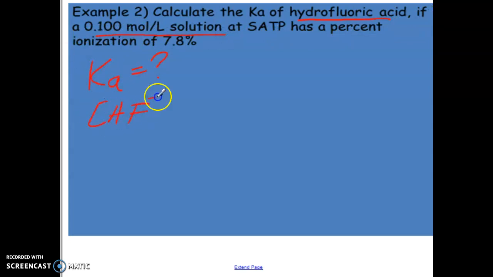If they give you concentrations, it's always initial in this case: the concentration of HF is 0.100 moles per liter at SATP, and it has a percent ionization of 7.8%. So we have our initial and our percent ionization, and we're going to deal with this to try and solve for Ka.